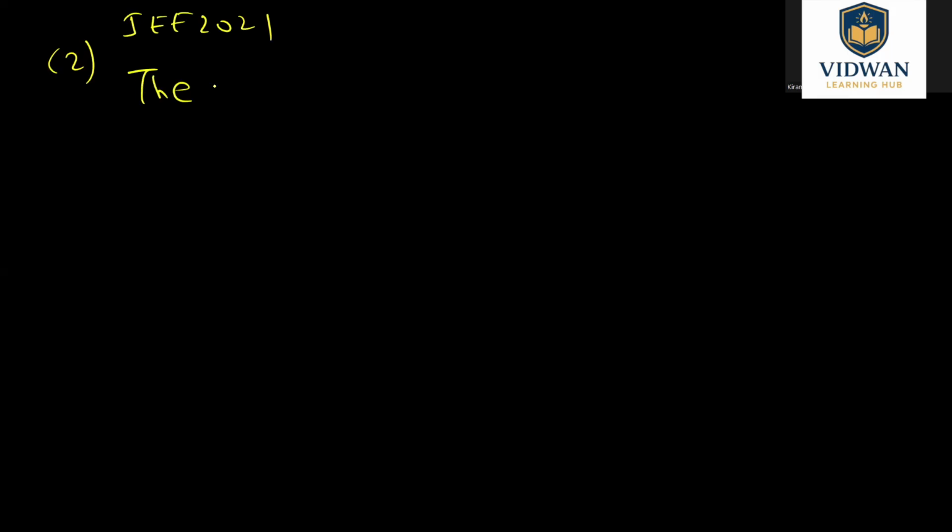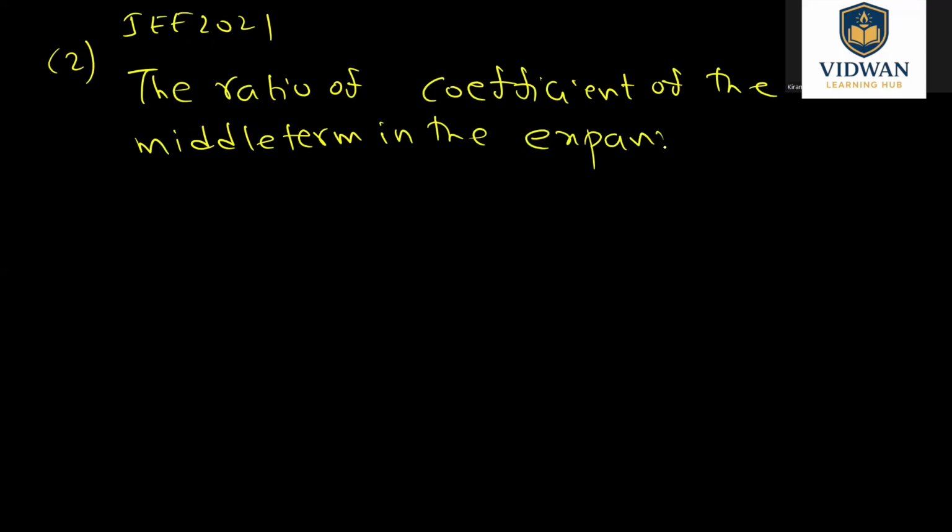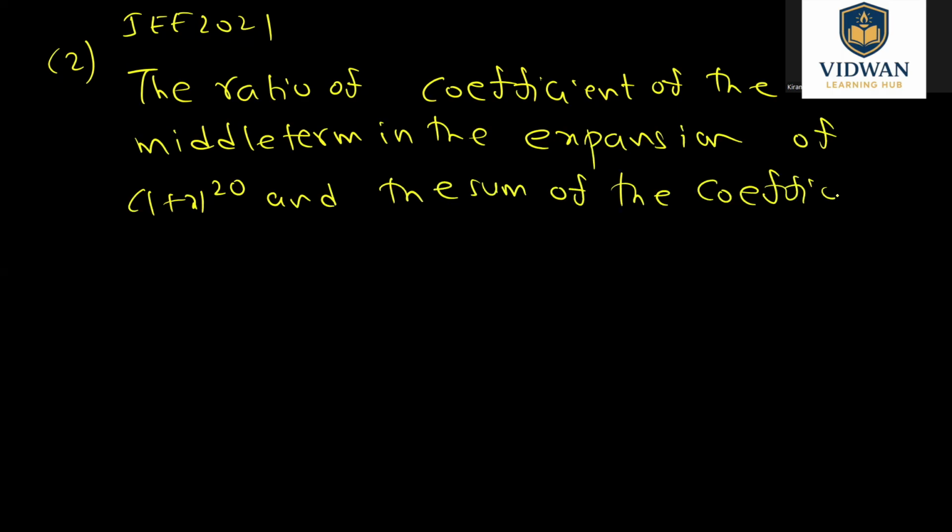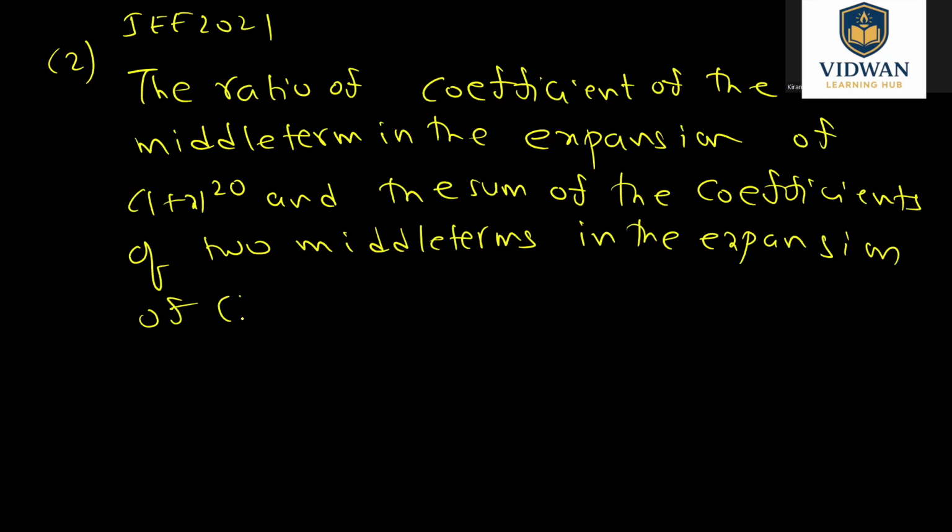The ratio of the coefficient of the middle term in the expansion of (1 plus x) power 20 and the sum of the coefficients of two middle terms in the expansion of (1 plus x) power 19 is.